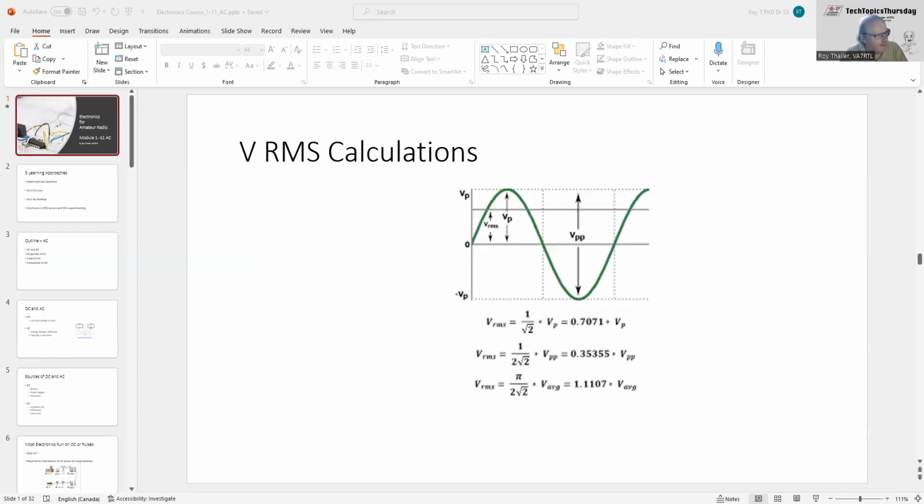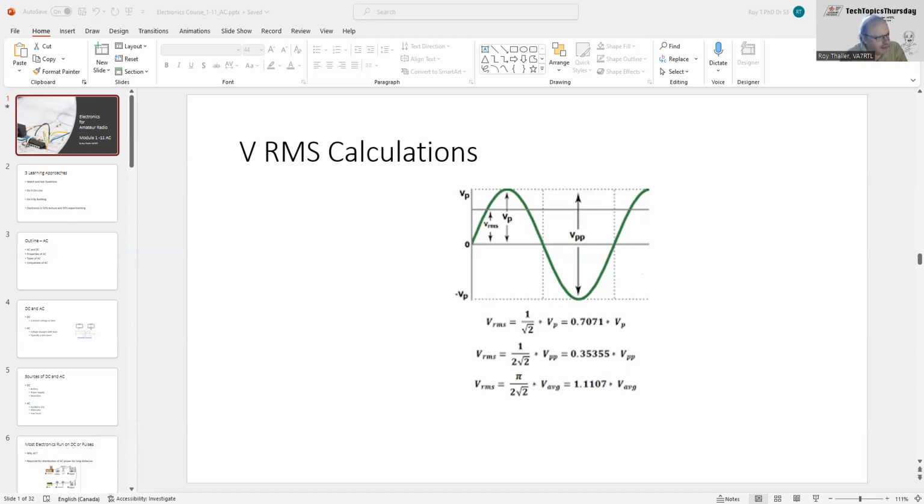So here are some of the calculations. Basically, it's 1 over the square root of 2. That makes up the difference, and this is the equivalent. If you had a resistor and you were running DC through it, you would need this amount of voltage. If you were running AC through it to produce the same amount of heating in the resistor, you would need VRMS. For example, when we measure 120 volts coming out of our outlet, it's VRMS.